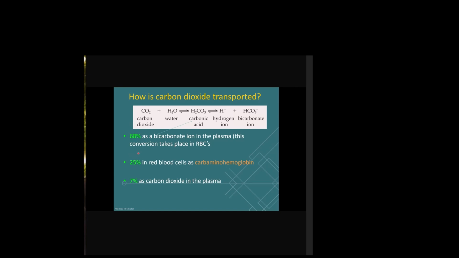So we've talked about red blood cells carrying oxygen. We also know that carbon dioxide is carried in the blood. But how is carbon dioxide transported? When carbon dioxide combines with water in the blood, it forms carbonic acid.